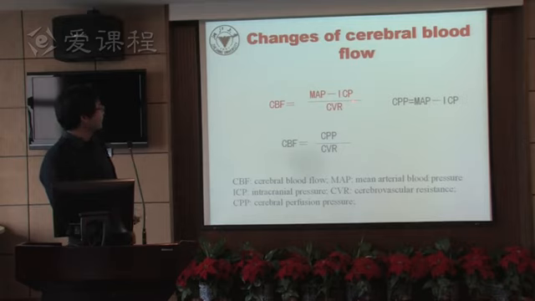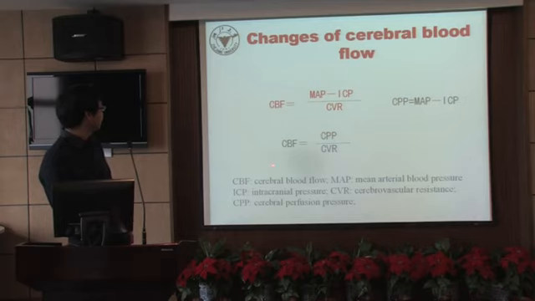CPP equals MAP minus ICP. CBF equals CPP over CVR. CBF is cerebral blood flow. MAP is mean arterial blood pressure. ICP is intracranial pressure. CVR is cerebrovascular resistance. CPP is cerebral perfusion pressure. So this is the relationship between CBF, CPP, CVR, and MAP. This is the change of the cerebral blood flow, which serves to regulate the intracranial pressure.